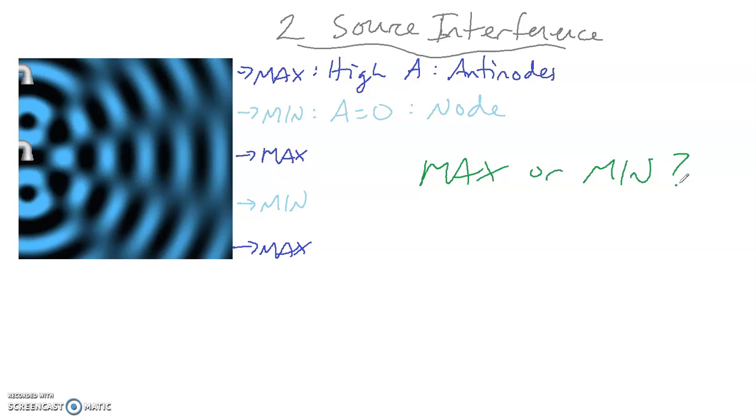Okay, so I'm going to take a point right here, and that is a maximum right there. If I analyze it based on my sources, and the sources are actually right there and right there where they're hitting, if I took some measurements and measured the distance from here to here, and the distance from here to here, not in meters, but in wavelengths, I would find that I'm exactly 1 or 2 or 3 wavelengths farther away from the other.